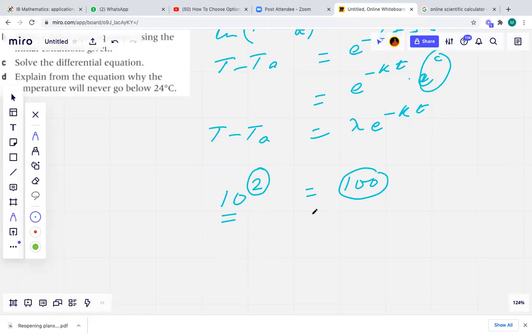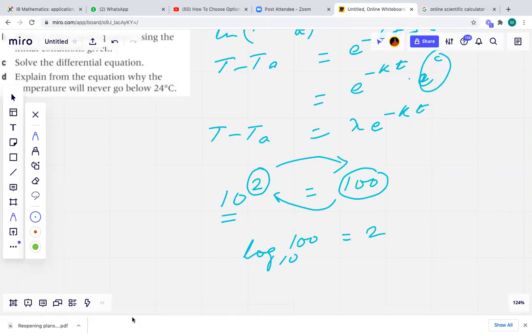Now the base never changes, and these two numbers will change their places. The base will still be the same. The log base 10: now instead of 2, I will have 100. Log of 100 base 10 is 2.